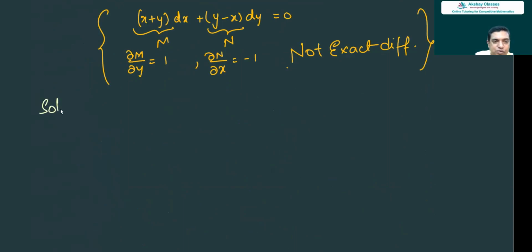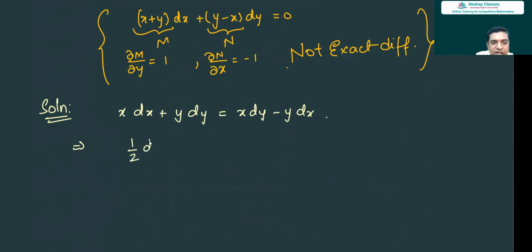So x dx plus y dy is equal to x dy minus y dx. So what I get here is half d of (x square plus y square). This is as it is. Now I should multiply or divide by a factor which contains x square plus y square.